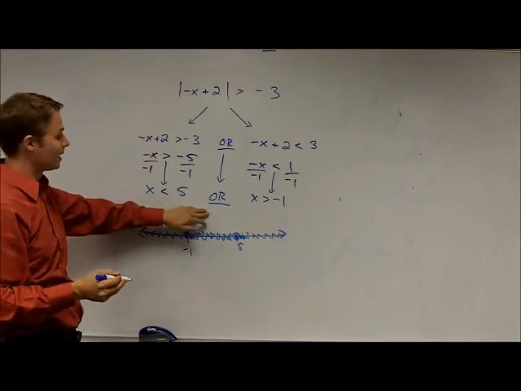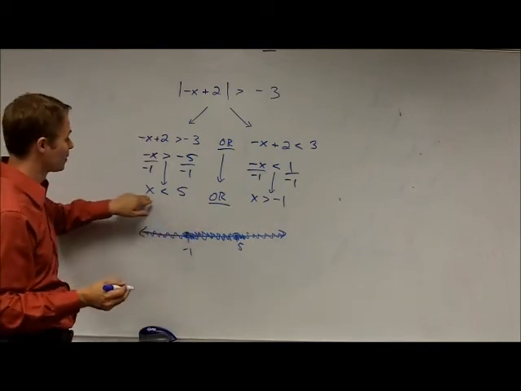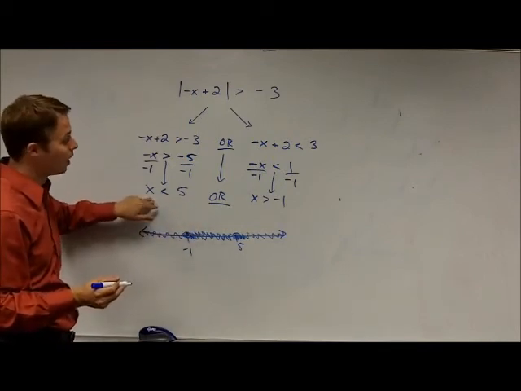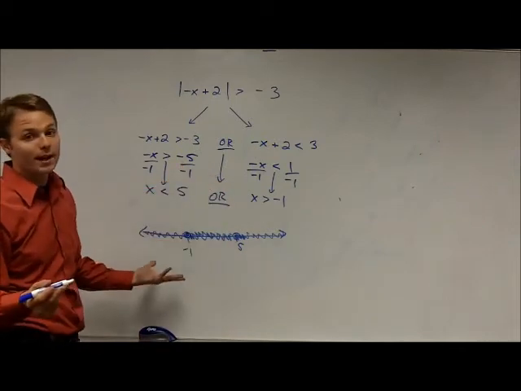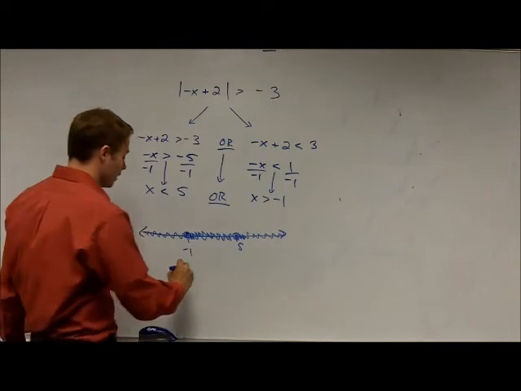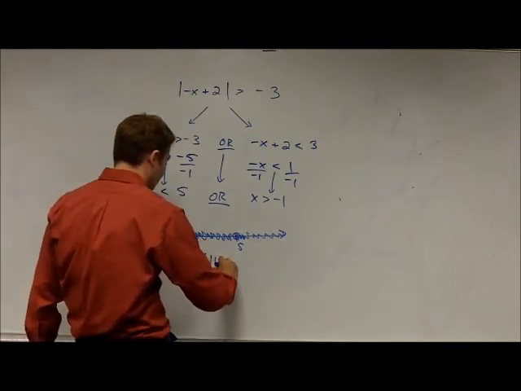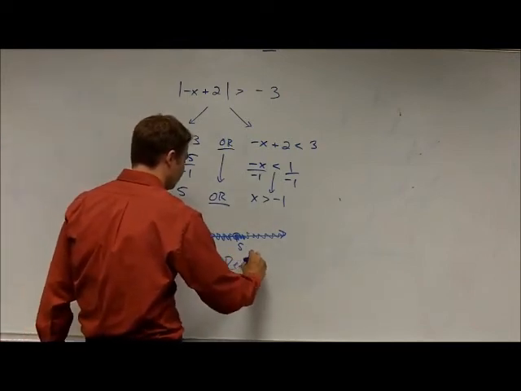And since there's an or, we're saying that either of these is okay. Any numbers that are either less than 5 or greater than negative 2 are totally fine. But if you look at the number line, that actually includes every single number. So our answer for this is actually all real numbers.